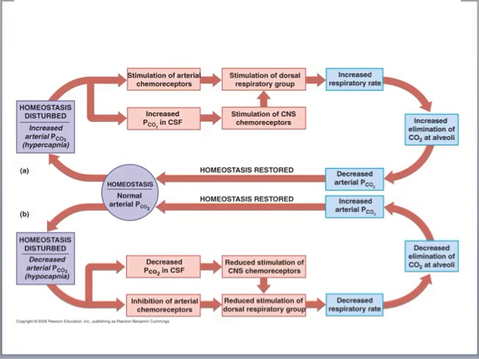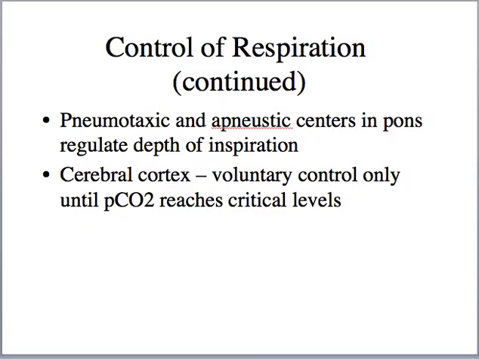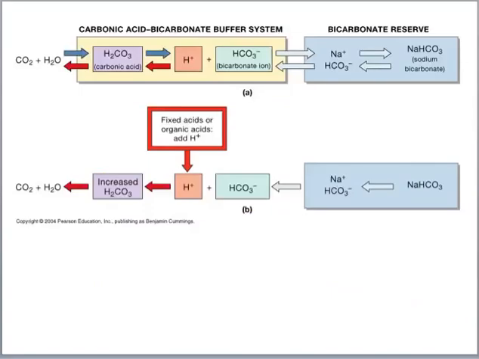This is just showing you your increased CO2 levels and what that does to how you maintain homeostasis. So I think this is just really stating again what I stated back here in writing. So the picture might help you. Some people it might help, some it might not help.